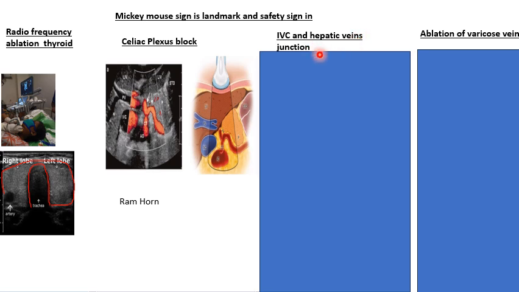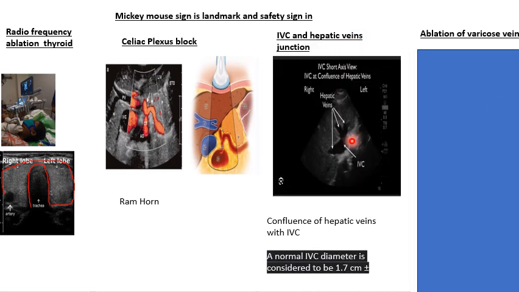IVC and hepatic veins junction. Let's have a look. This diagram again is from the net. I didn't have a collection, or I could not search one. You find the IVC, and both the hepatic veins draining into the IVC. Now, this confluence has a very clinical application.